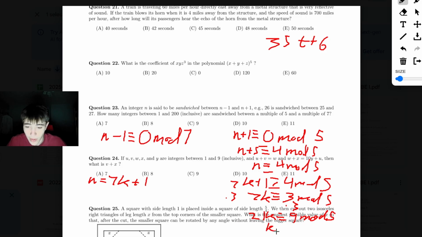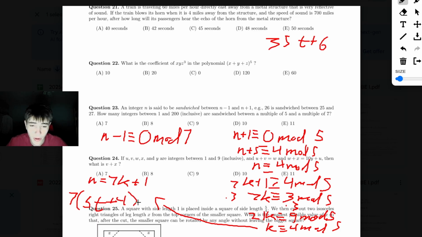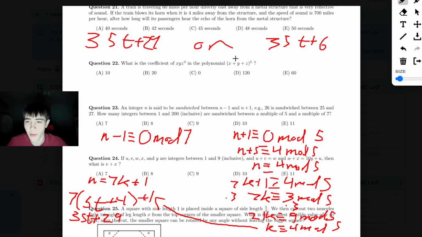So we would get k is congruent to 4 mod 5. And then if we go back over here, then we get 7k plus 1 equals 7 times 5t plus 4 plus 1, which gives us 35t plus 29. Okay, so it's either in the form 35t plus 29 or 35t plus 6.